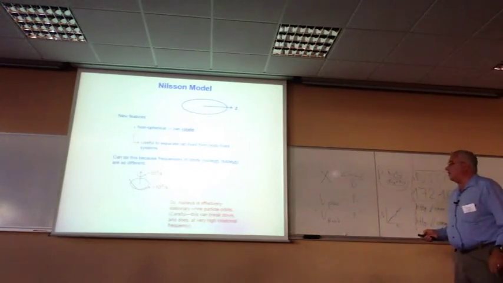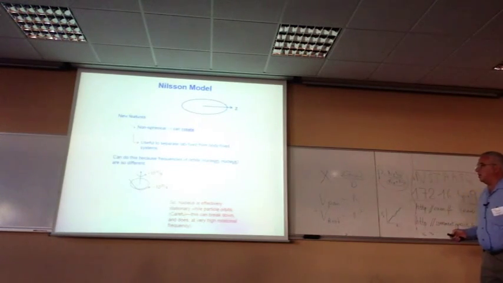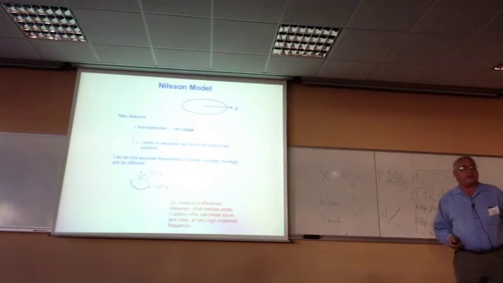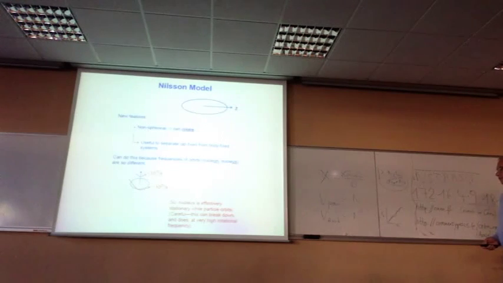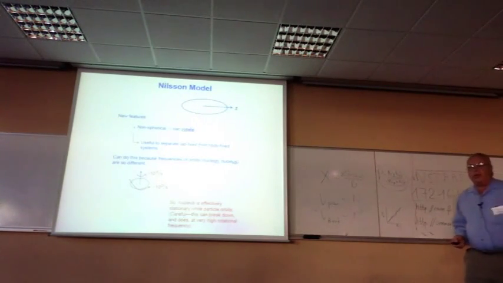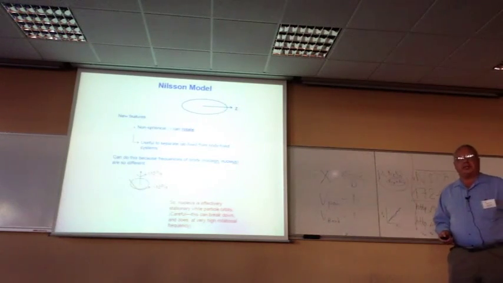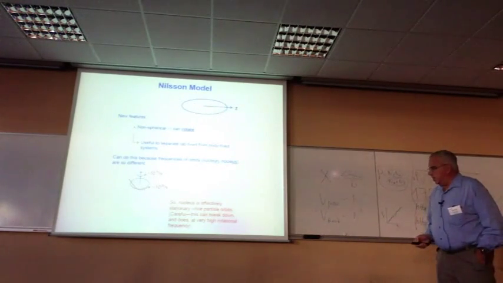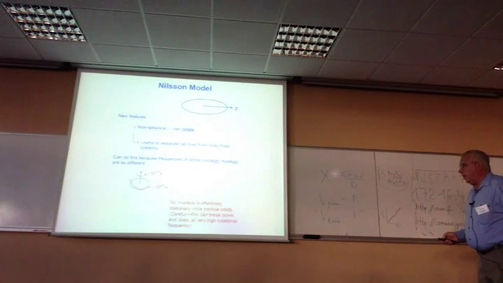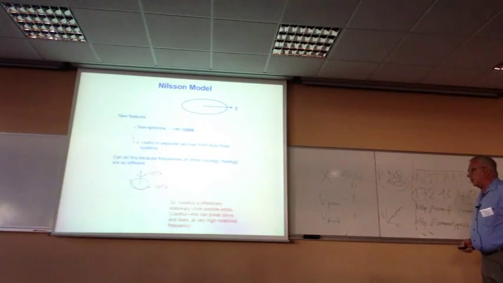And the reason we can separate that, or at least approximately separate it, is because the frequencies of orbits and the frequency of rotation of the nucleus are very, very different. So even if the nucleus is rotating, during an orbit of a particle, you can treat the nucleus as approximately stationary. And so we can separate those degrees of freedom.